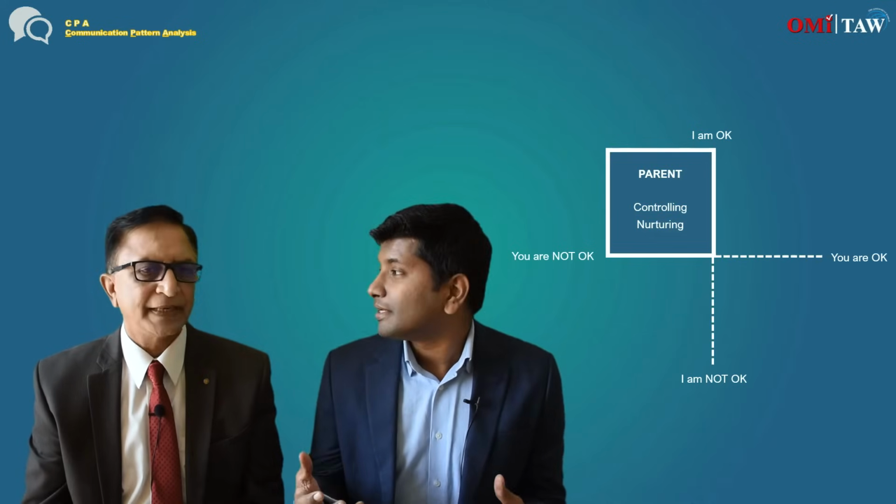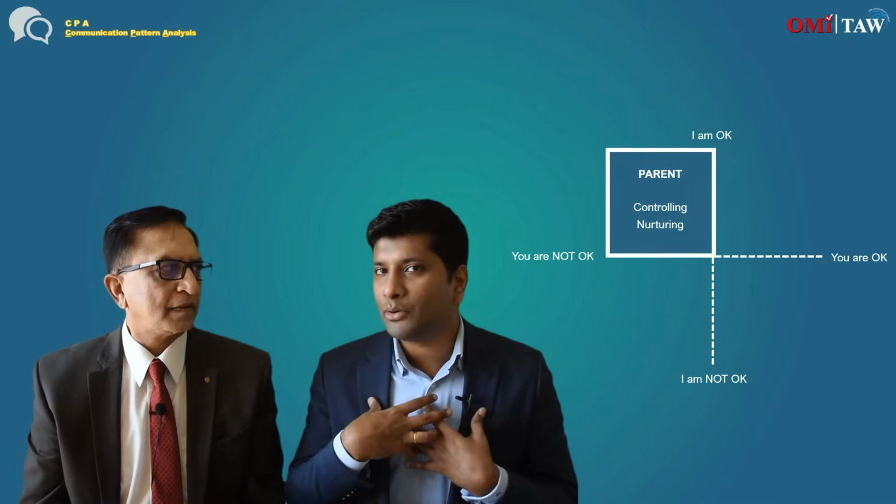The second position that you could take as a parent is the nurturing parent, someone who cares for the other person, wants the other person to develop or grow. This is also more advisory. Perhaps you want to ensure that the person does not get hurt. So in these cases also you see that I know what's right for you. I take the stance of wanting to help you learn. But in both cases, what is similar is I'm okay, I know, and I perceive that you may not.